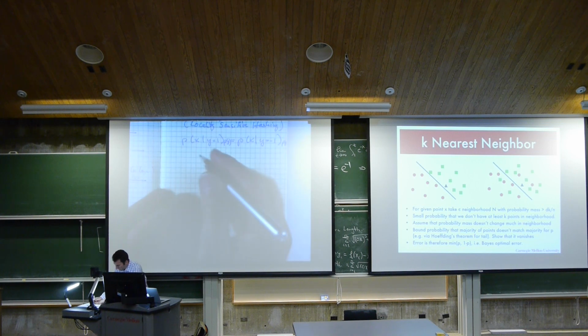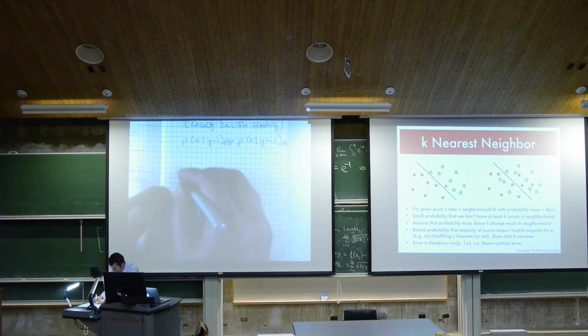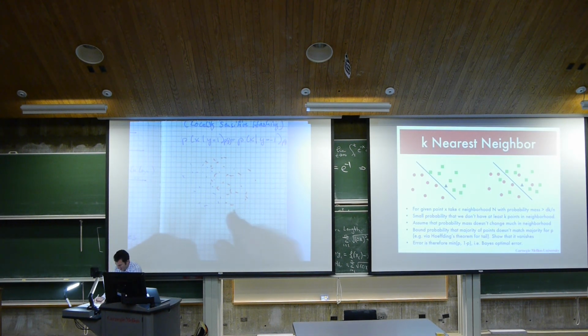So let's say I have some points here. I have some points there. And let's take the k nearest neighbor case. So obviously, what we want to show is the following thing.